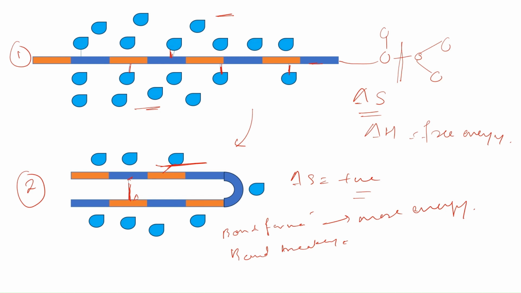Hence, here more bond formation is happening between water molecules and the unfolded protein. Therefore, here delta H is negative. But in the folded state, the delta H is positive. This we already studied in the previous videos on hydrophobic interaction as well as the thermodynamics video. Those who have not seen those videos, I would request you to check those videos once.